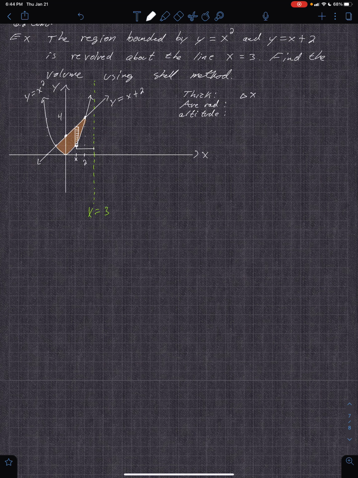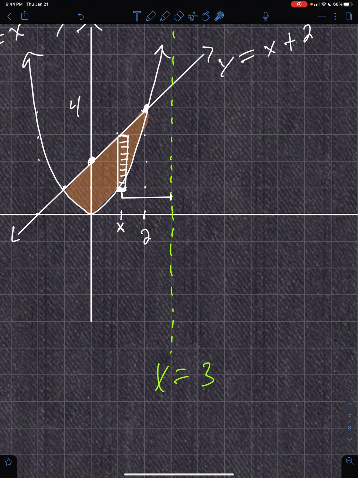The average radius will be basically this piece here. So it's from the center of the revolution to wherever the middle of that representative rectangle is.